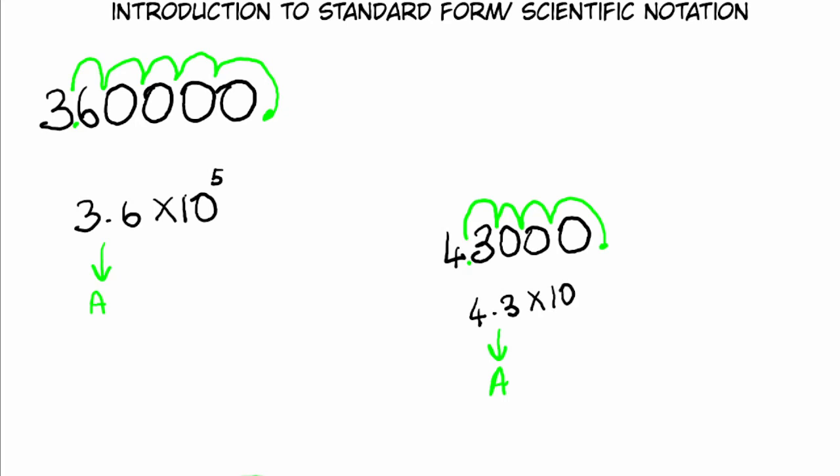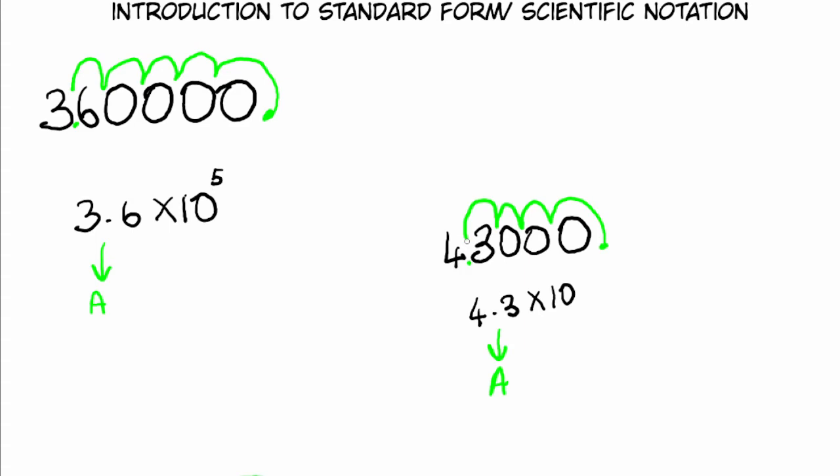How do we find the n value? The n value would be the number of times the decimal point was moved. Let's count. Starting here, this would be 0 because it wasn't moved here. So 1, 2, 3, 4. We moved our decimal point 4 times.